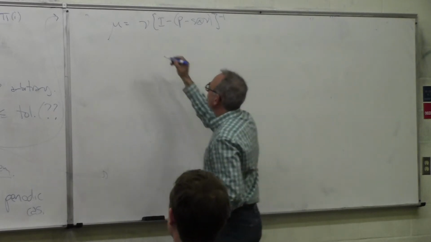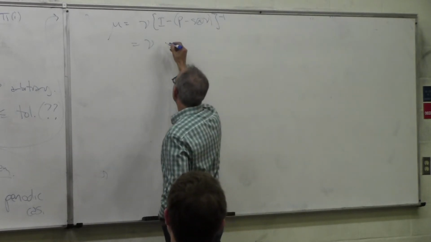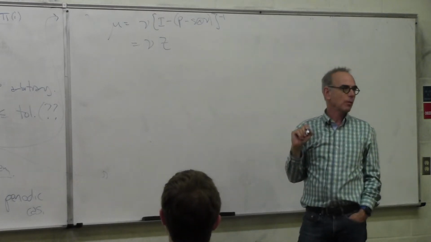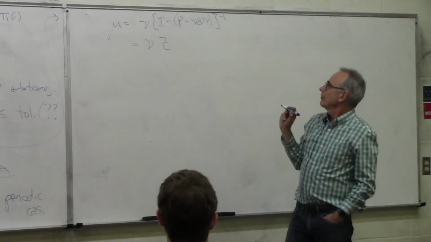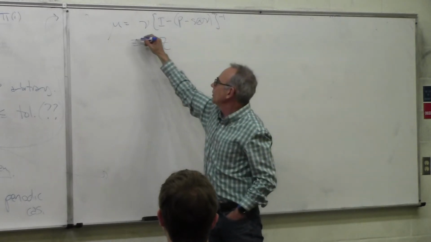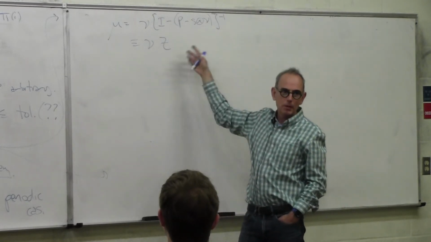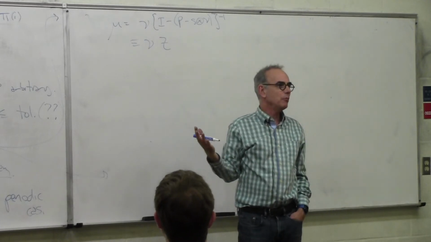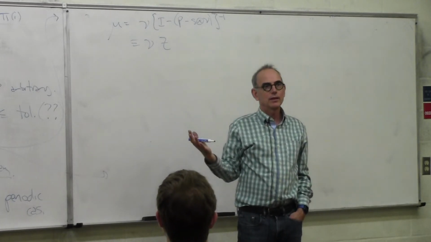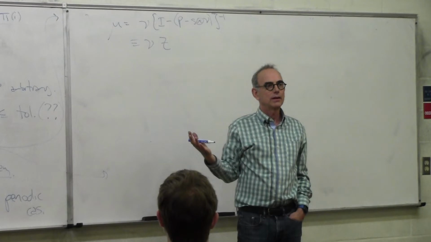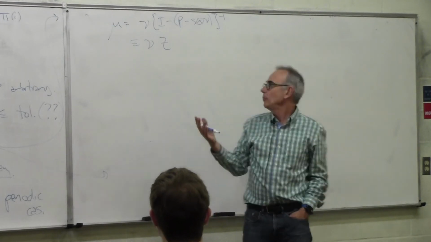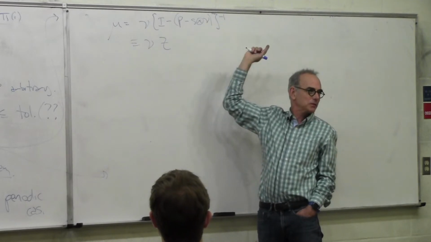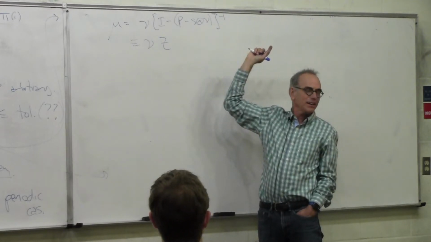Right? And let's give that a name. I'm going to regret this, but right now I'll just call it Z. Z is actually usually used for something else. So this is just notation. I'm going to call that Z. It's a big matrix. And come on, what is Z, everybody? What's the inverse of a matrix like that? It's this inverse. We're like I minus something inverse.